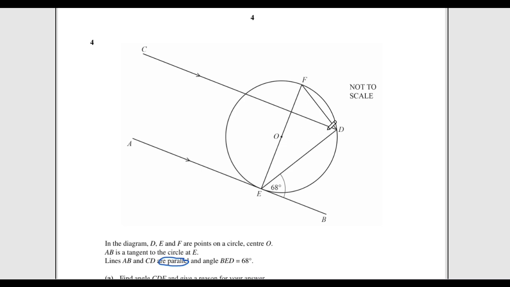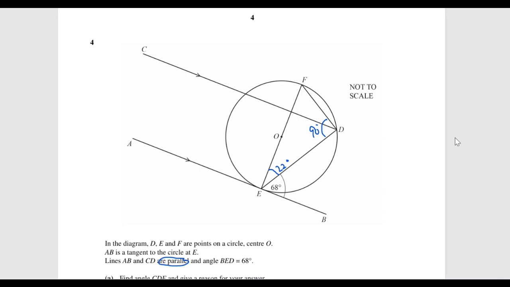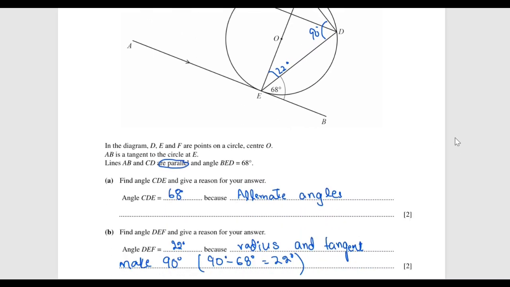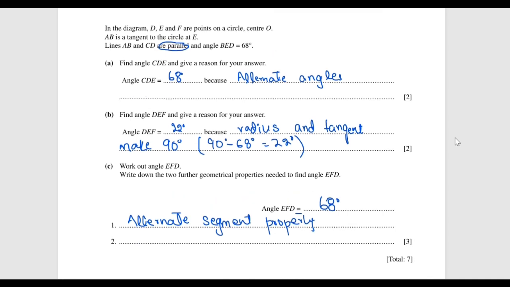So this is the angle opposite to the diameter, so this would be 90 degrees, and we have just calculated this angle. This is 22 degrees, so this is making a triangle, and angles in a triangle add up to 180. So you'll just subtract 90 and 22 from 180 and you'll get 68 as the answer again. So the other geometrical property which helped us to find EFD is angles in a triangle add up to 180.